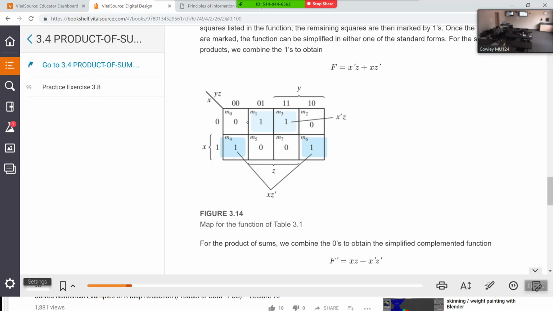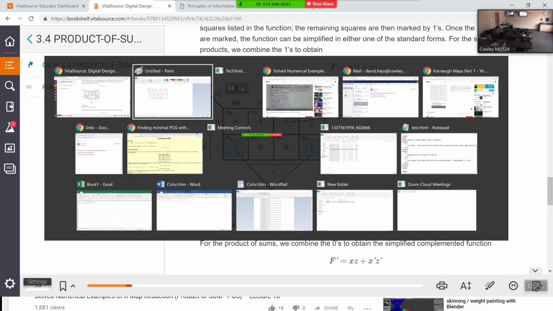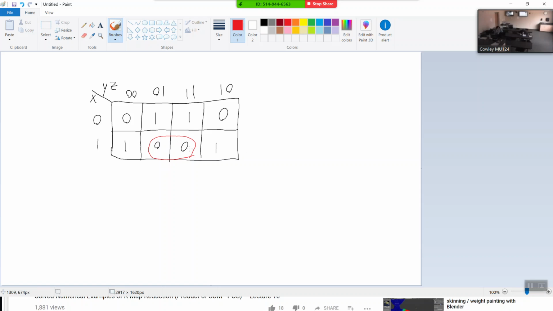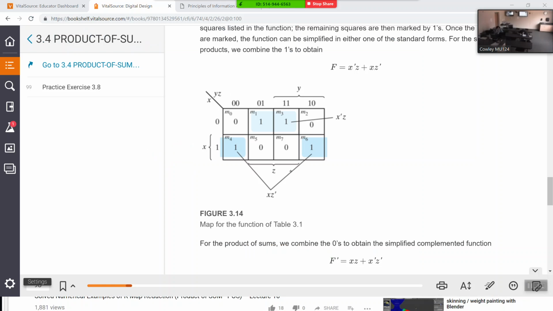Now up here, when we did these two here, we said x equals 0 represented what? X prime? Now down here, if we look at these ones I've circled, we've got x is equal to 1.